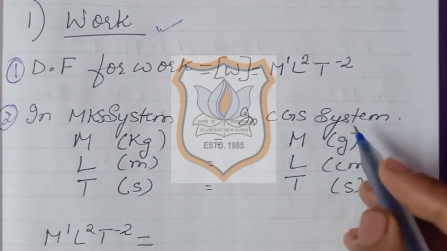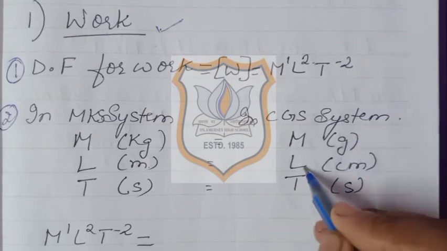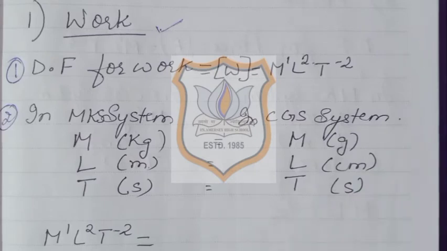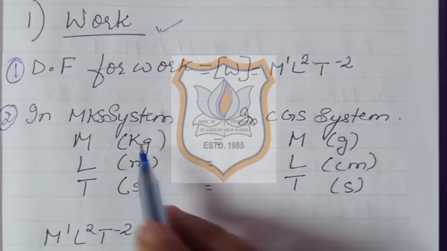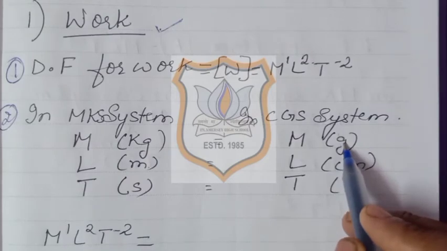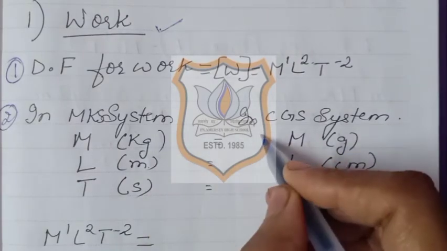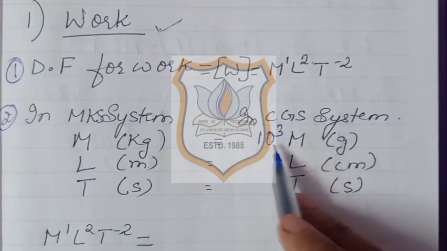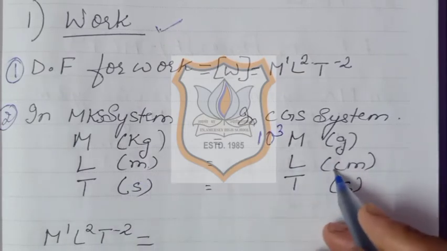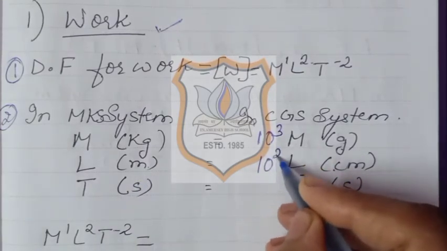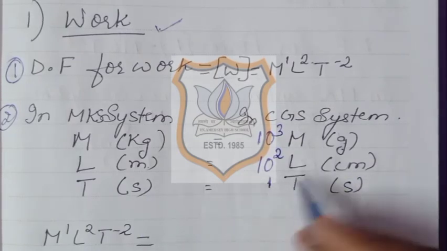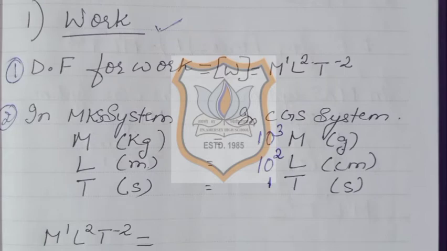In CGS system, mass is taken in gram, length is taken in centimeter, and time is taken in second. You know that 1 kg is 1000 grams. So we will write the relation that 1 kg is 10 raised to 3, that is 1000 is 10 raised to 3 grams. 1 meter is 100 centimeter. So we will write 10 raised to 2 centimeter. And second is same. That is 1 second is equal to 1 second. This is our second step. We will write the relation.